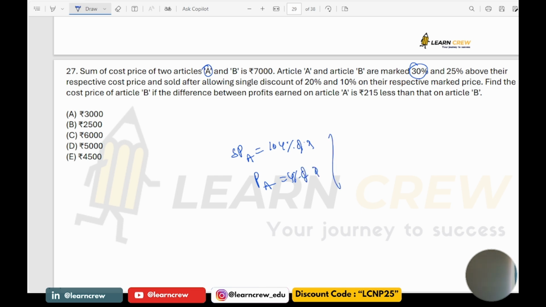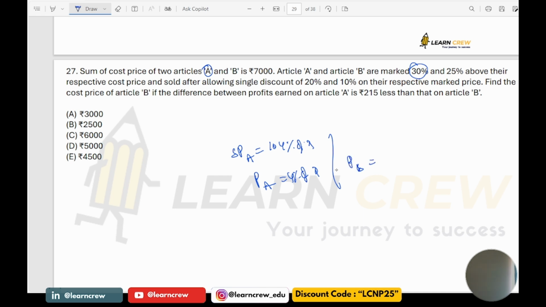What about B? B was marked 25% above, and then sold after a discount. So what is the profit earned by article B?